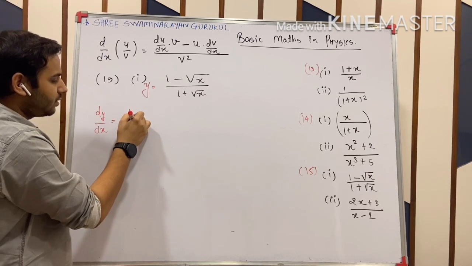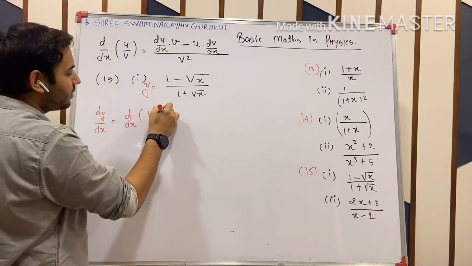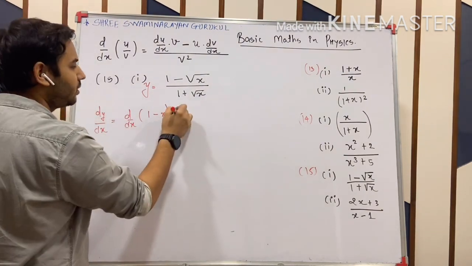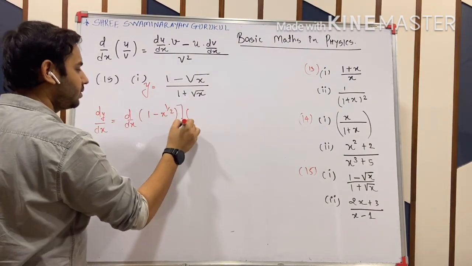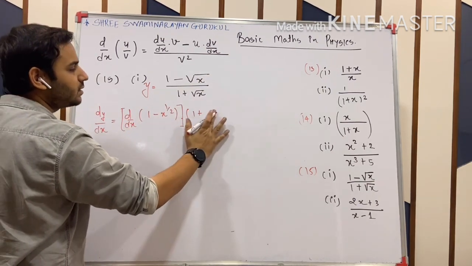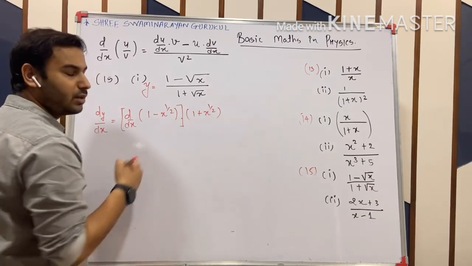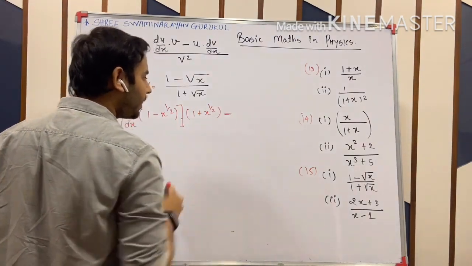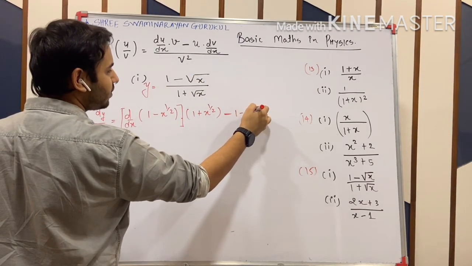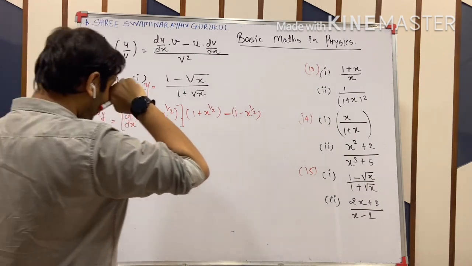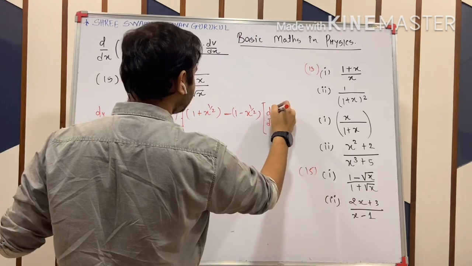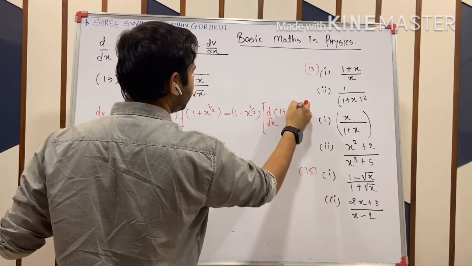d by dx of (1 minus x raised to 1 by 2). You can write root x as x raised to 1 by 2. Using the quotient rule: denominator as it is, 1 plus x raised to 1 by 2, into the differentiation of the first term, the numerator; then with negative sign, the first term 1 minus x raised to 1 by 2 as it is, into the differentiation of the second term, d by dx of 1 plus x raised to 1 by 2.